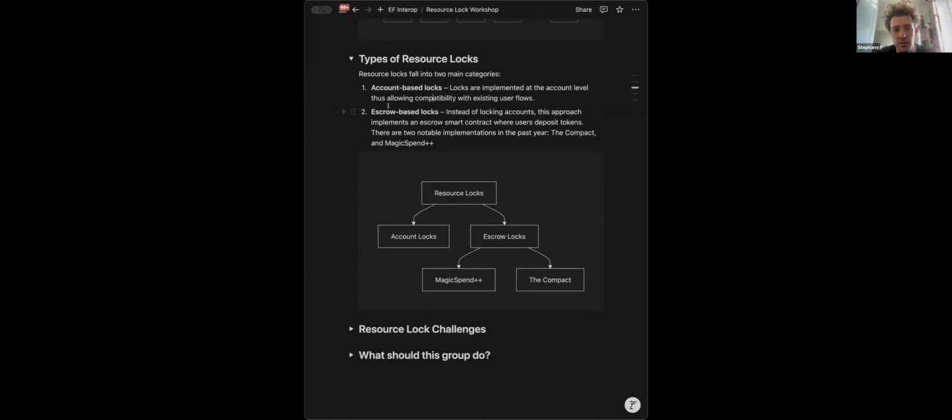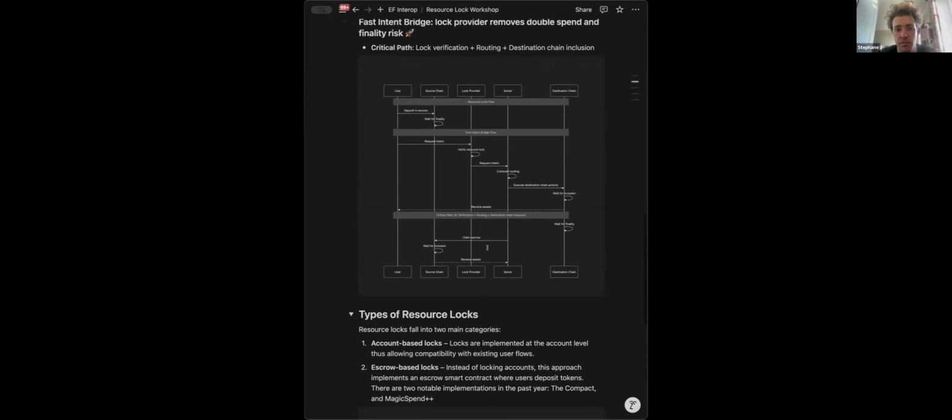Of the escrow-based lock solutions, I think two are worth mentioning, which would be recognized by a few people. So there's the Compact and Magic Spend Plus Plus that I would consider to be implementations of escrow-based locks. The important part is the locking mechanism that's used is independent of the rest of the settlement mechanism, right?